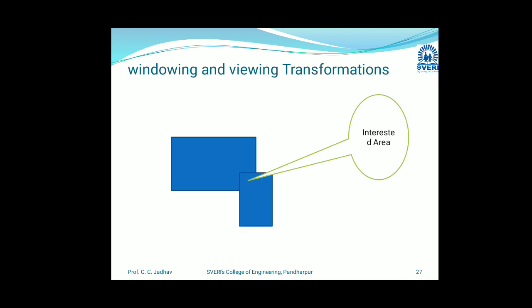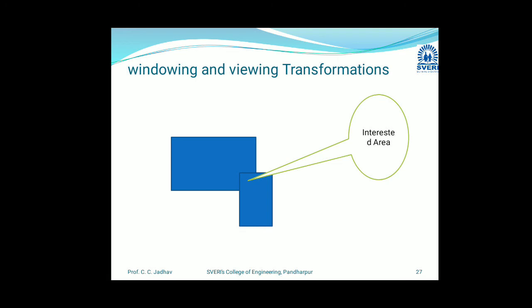Actually this is a transformation type. An engineer or supervisor wants to focus on the interesting area rather than the whole object. They only focus on the interesting area, and they only zoom that particular zone. Suppose I am interested only in the intersection part of these two blocks, so I am not going to visualize the whole two parts.